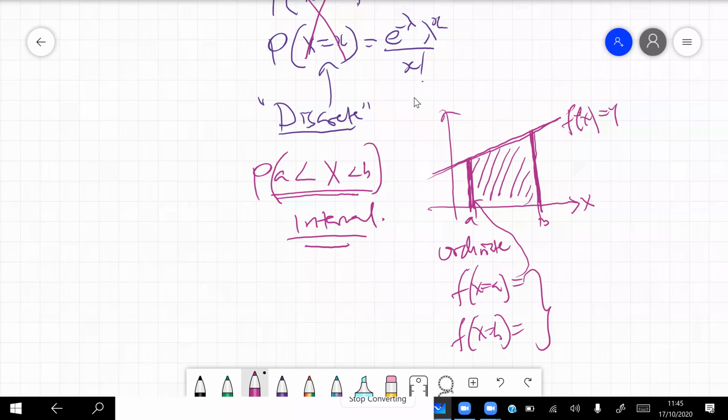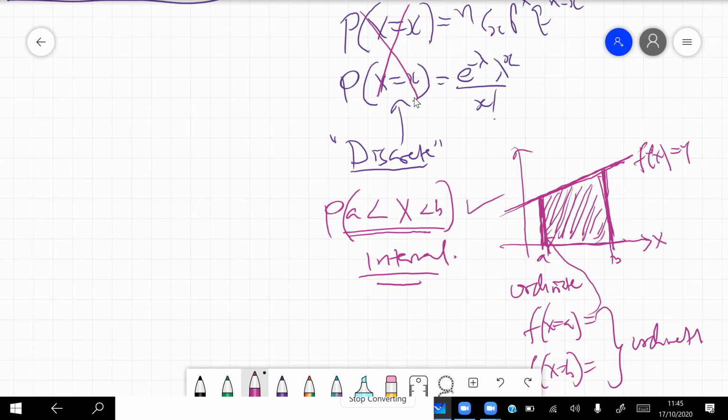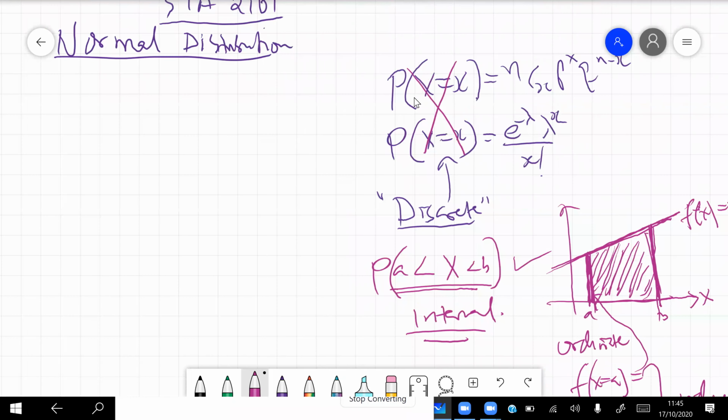So these two are called ordinates. When we talk about the area under the curve here, we talk about the area enclosed by the two ordinates, the x-axis and this function here. So this is an interval. In our case, the probability will be equivalent to the area under some curve after some properties have been met.